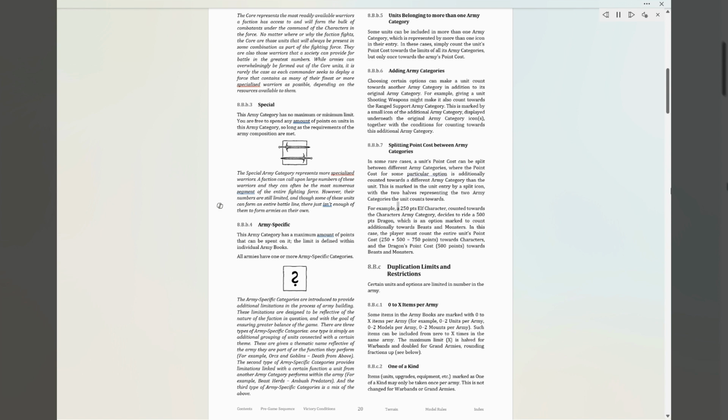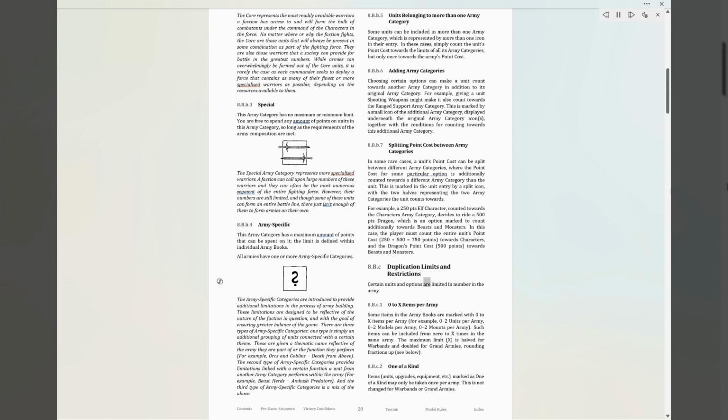For example, a 250 points elf character counted towards the Characters army category decides to ride a 500 points dragon, which is an option marked to count additionally towards Beasts and Monsters. In this case, the player must count the entire unit's point cost: 250 plus 500 is equal to 750 points towards Characters, and the dragon's point cost, 500 points, towards Beasts and Monsters.